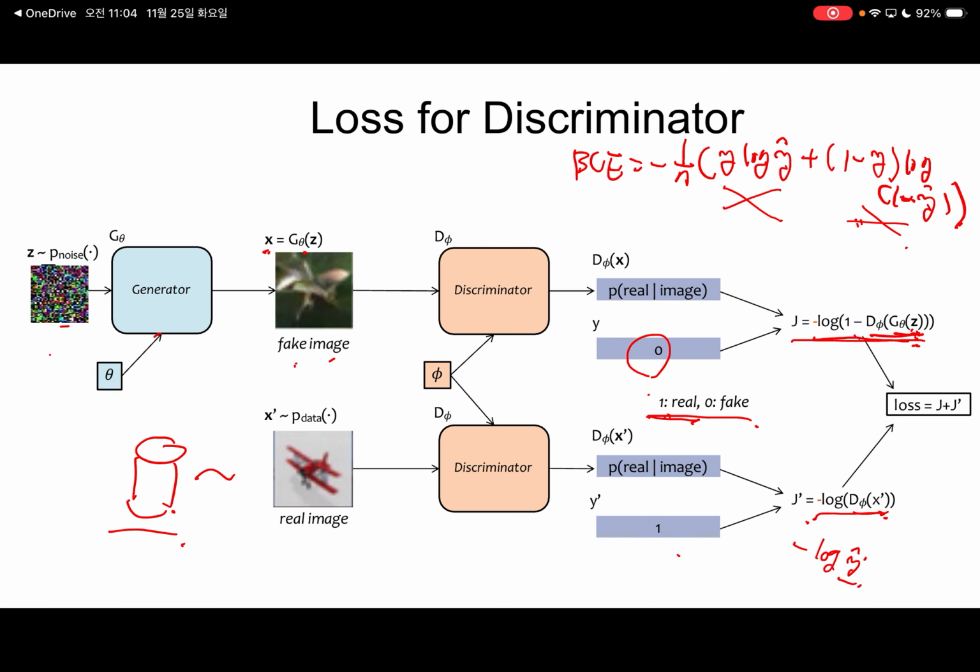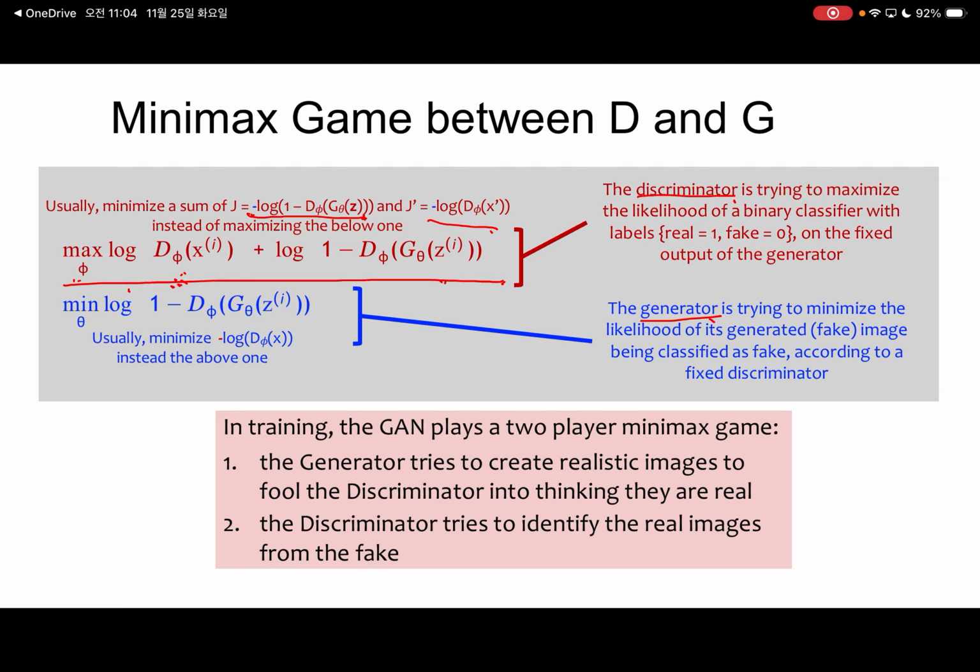So in real-world implementation, we minimize this one. Mathematically, they are the same. If you're interested in binary cross entropy, then not perfectly the same, but more or less the same. There's no problem turning maximizing this one into minimizing this one. So in practice, people simply minimize the summation of these two loss functions. When the generator's output becomes input of the discriminator, we want such an image to belong to the zero class, and if images from the data set become the input of the discriminator, then we make the output of the discriminator be the real image class. That is about this one.